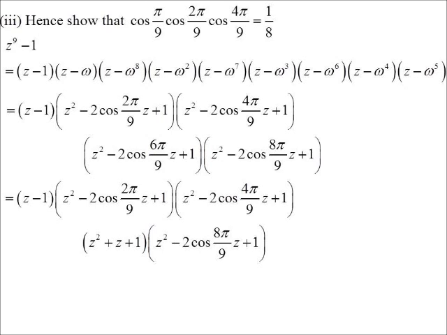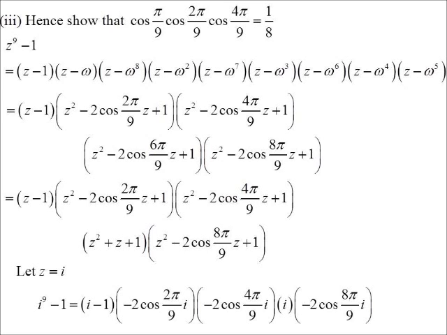Okay. So because I had an exact value in there, I've substituted in for the exact value. I'm going to let z equal i. Watch the magic happen. So, left-hand side becomes i to the power of 9 minus 1. Right-hand side becomes i minus 1.